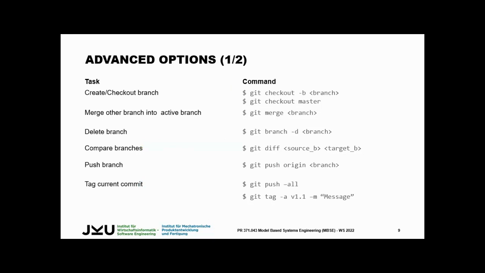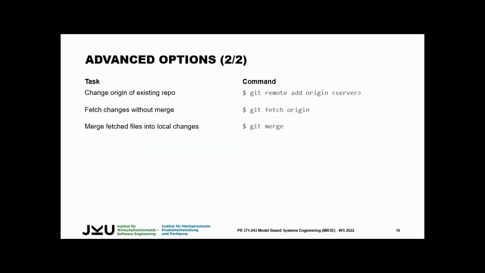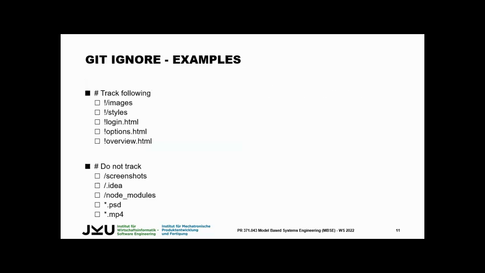So these are also advanced options. I think you will not need them at all. But one thing I want to remark, there is also the possibility of a git ignore file. There you can say, for example, when you develop things with an IDE, some additional files are created which are important for starting the program, for example, in Microsoft Windows or on Apple or Linux.